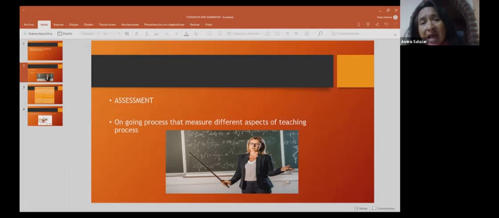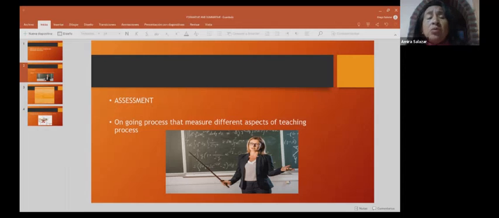On the other side, summative assessment is used to measure what students have achieved. It is applied at the end of the diagnostic time, at the end of the period. It could be a year, a semester, a month, or another kind of period. One typical example of this kind of assessment are tests.